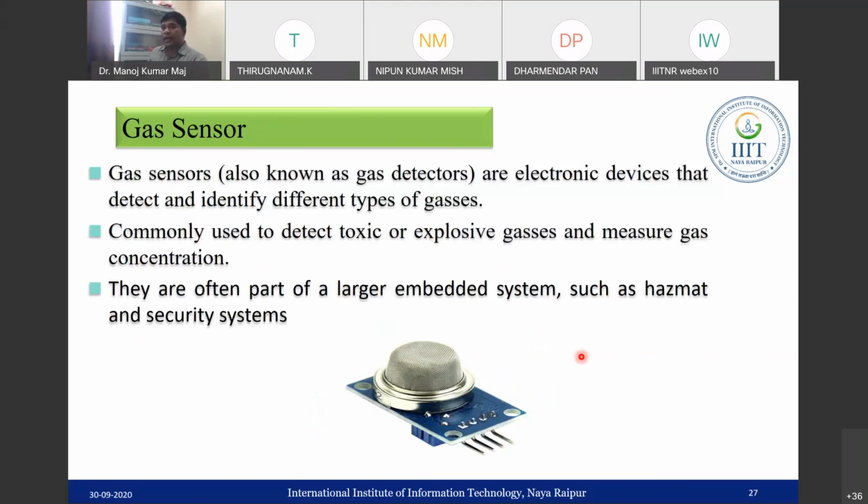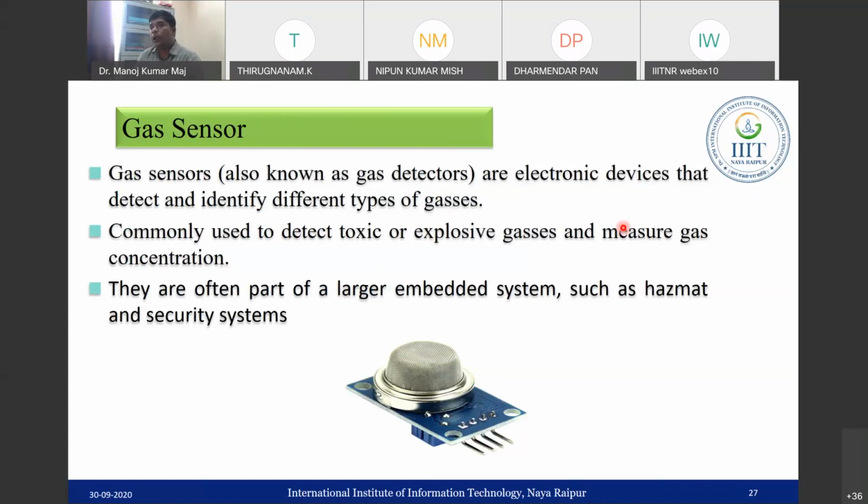Next one is a gas sensor. It is a very well-known sensor, and this kind of gas sensor is primarily used for our aeroplanes, or maybe for other kinds of military applications, for some secret applications.